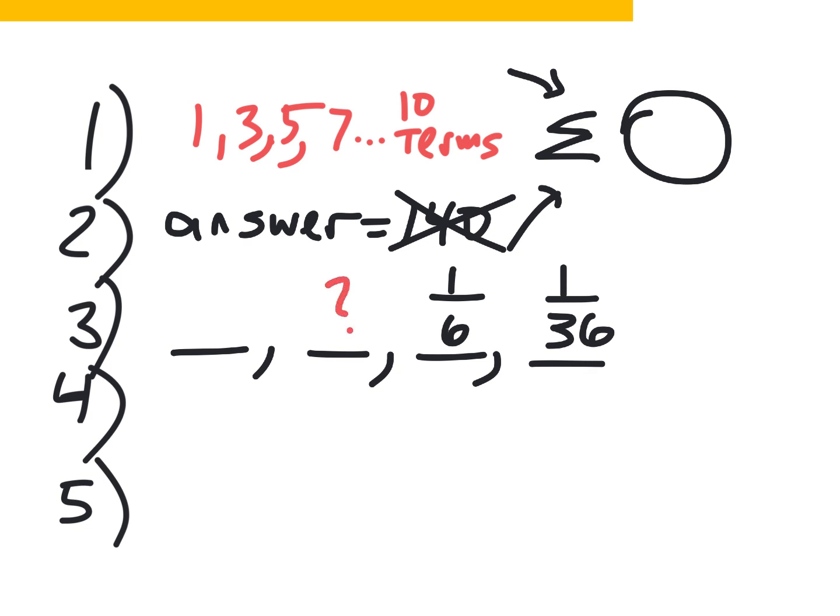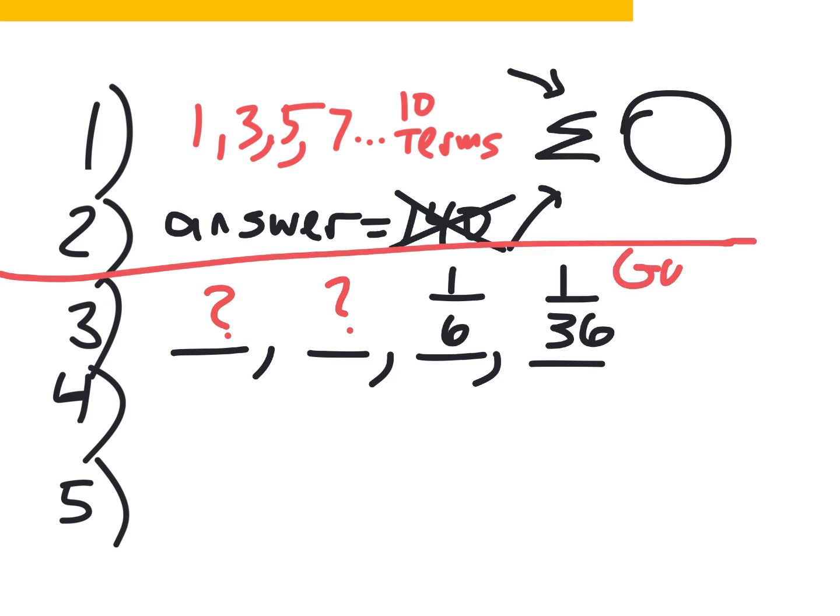You'd be able to figure out what were the first and second terms. I am going to say that underneath this line, these are all geometrics. You have to know that, otherwise you could have 2 different answers based on whether it's arithmetic or geometric. But below that red line, these are geometric questions.